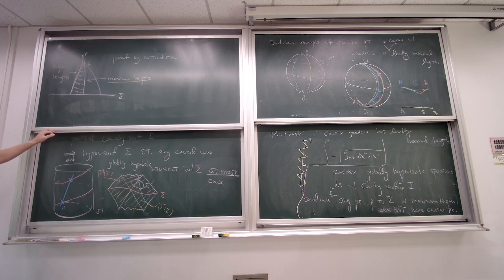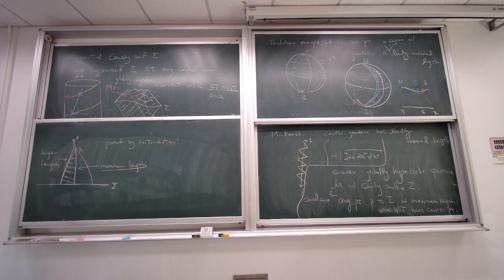Okay, suppose the causal curve from P to sigma, which has maximum length, has a caustic point in the middle.